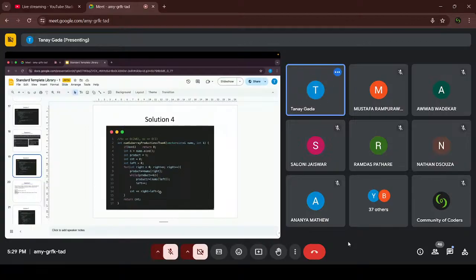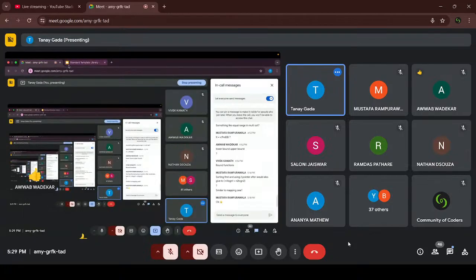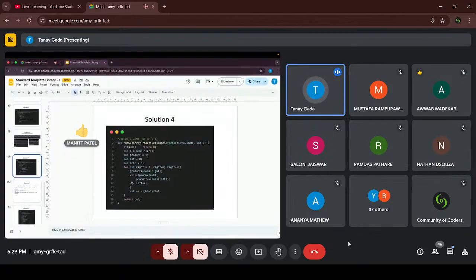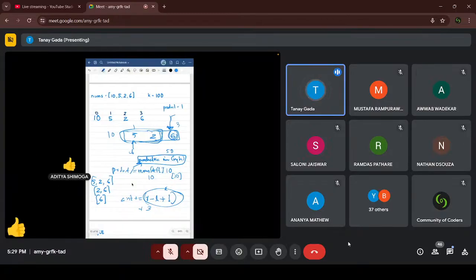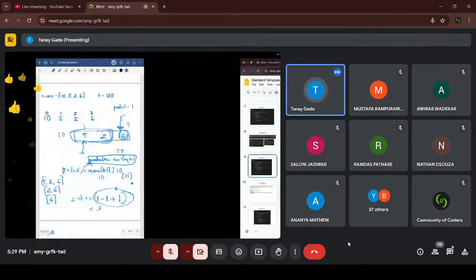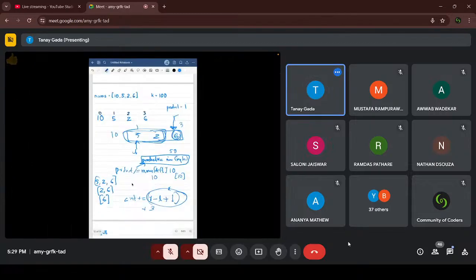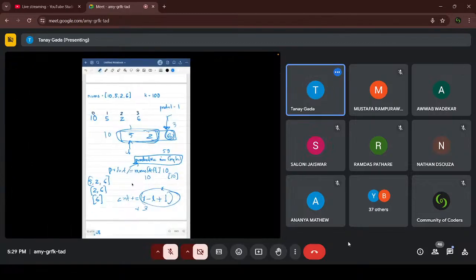Everybody got this approach? And the time complexity of this approach would be O of, can someone predict what the time complexity would be here? You can see the code.